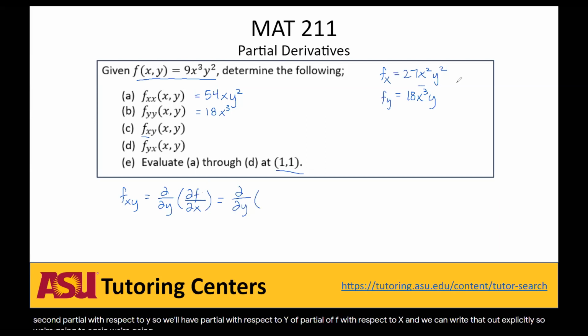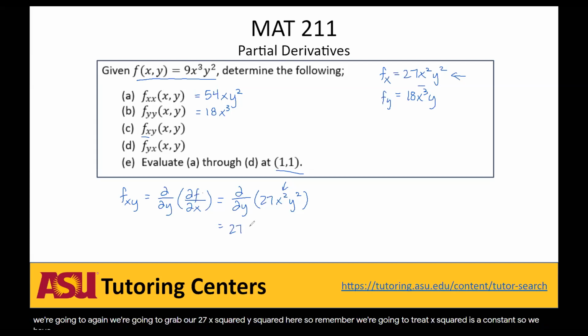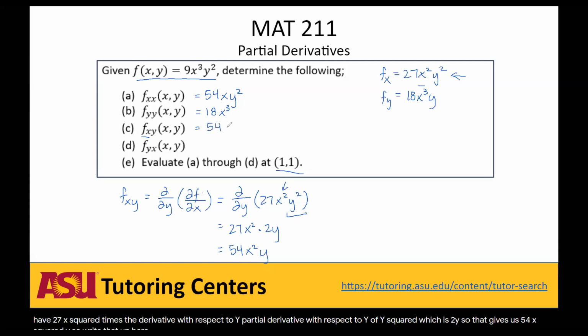So we're going to grab our 27 x squared y squared here. And so remember, we're going to treat x squared as a constant. So we have 27 x squared times the partial derivative with respect to y of y squared, which is just 2y. So that gives us 54 x squared y. So we'll write that up here, 54 x squared y.